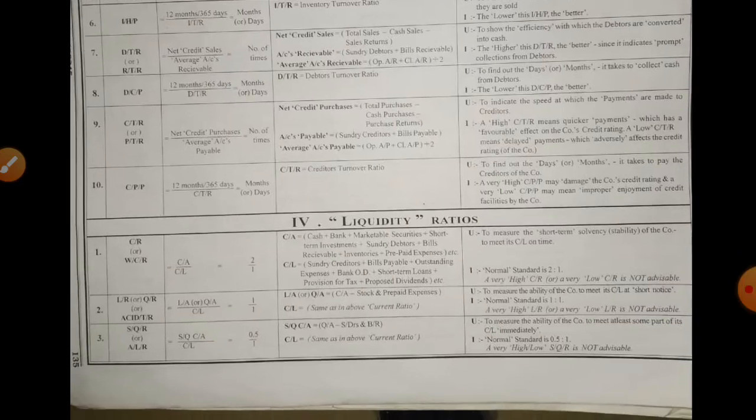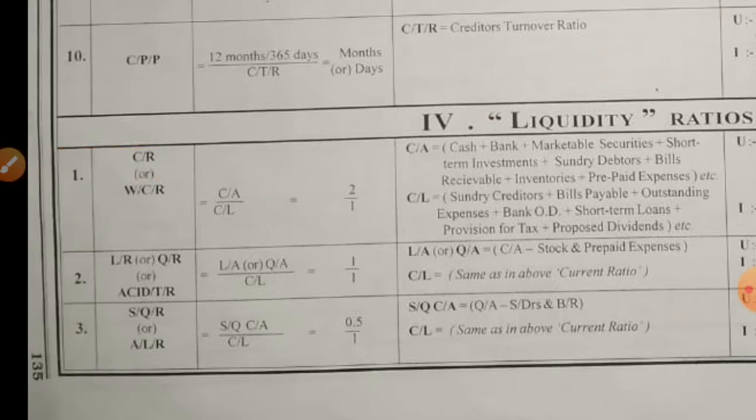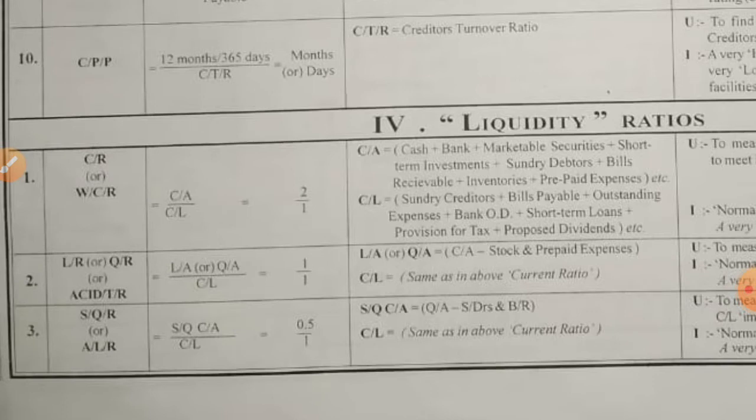Next we discussed the liquidity ratios. Liquidity ratios are short-term solvency ratios, and we have three things. One, current ratio; another, liquid or quick asset ratio, which we call acid test ratio; and next, super quick assets ratio or absolute liquid ratio.